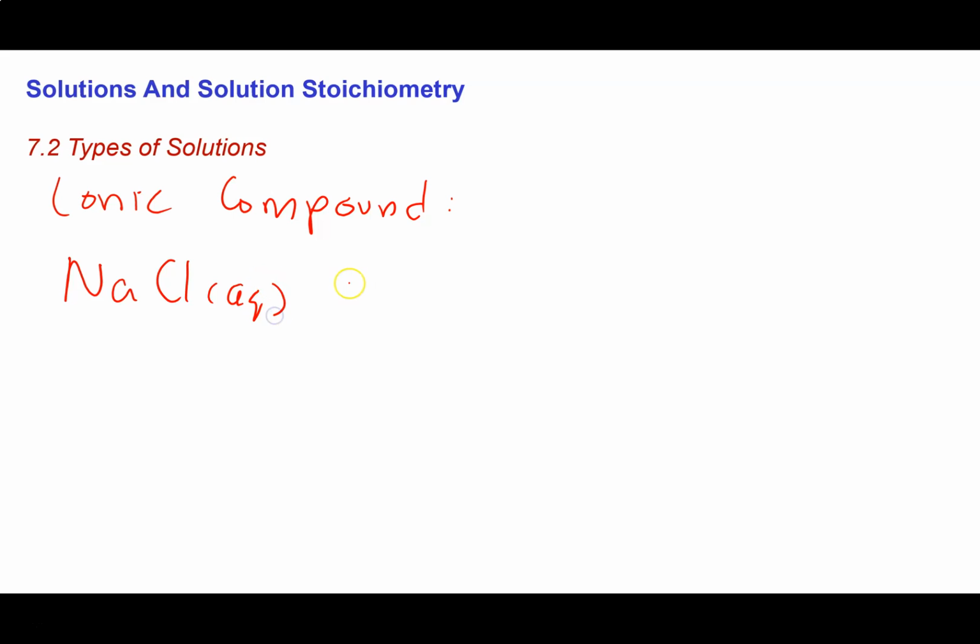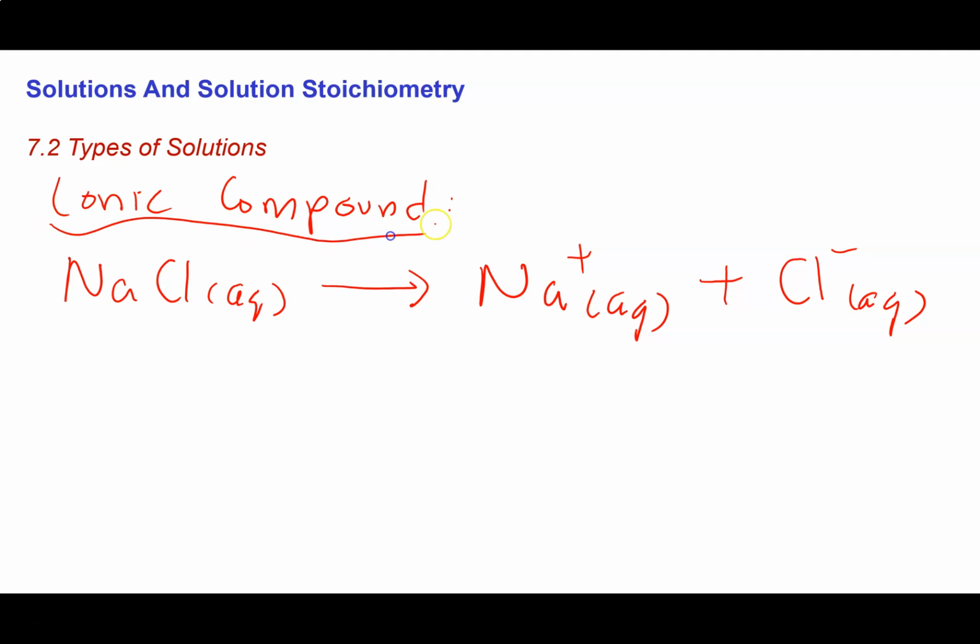When sodium chloride is dissolved in water, we'll see that the crystalline sodium chloride separates and forms sodium ions and chloride ions.